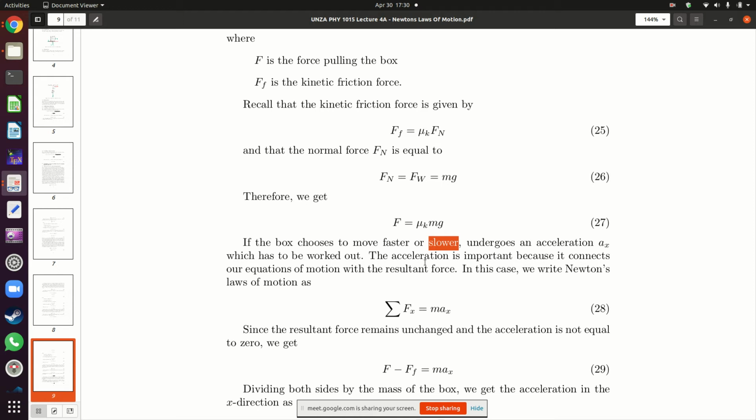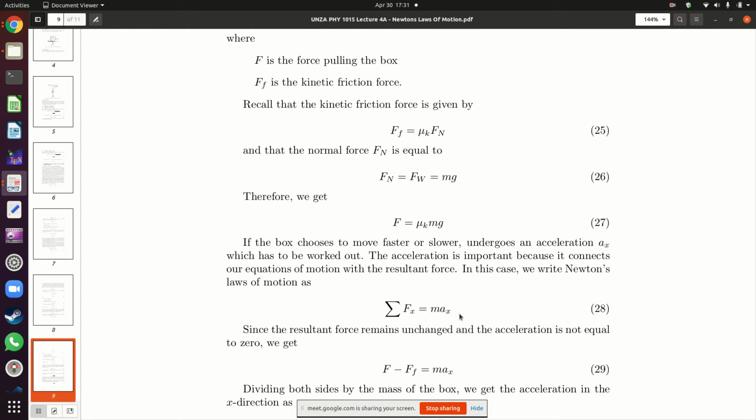And this is where resultant force becomes very useful. We know we have an expression of resultant force, which is F minus Ff. So we can use the resultant force to find the acceleration. Here, the resultant force Fx is equal to the mass multiplied by the acceleration along the x direction.